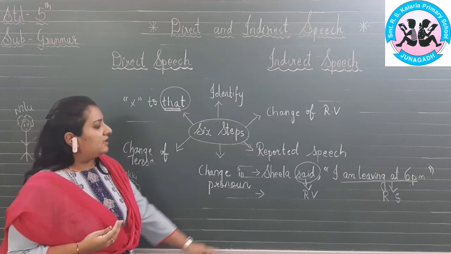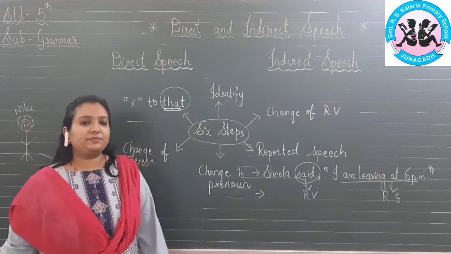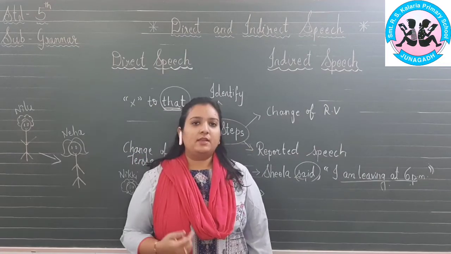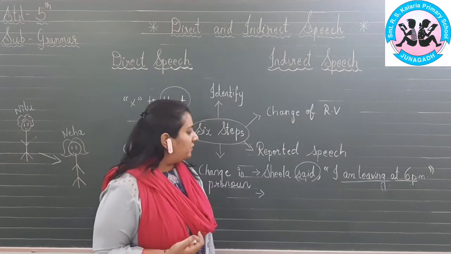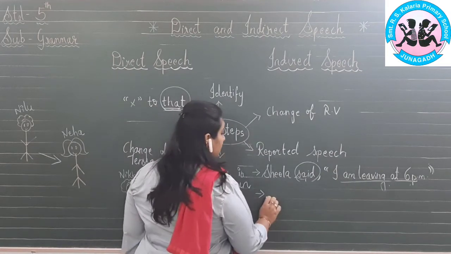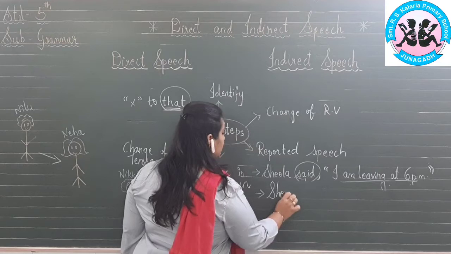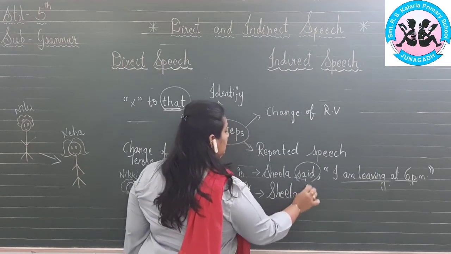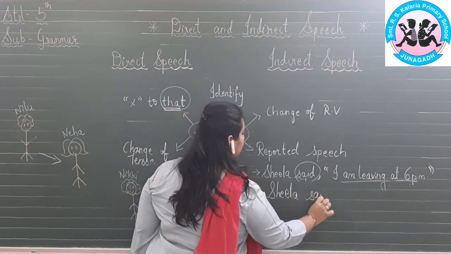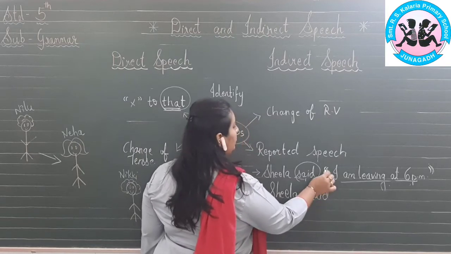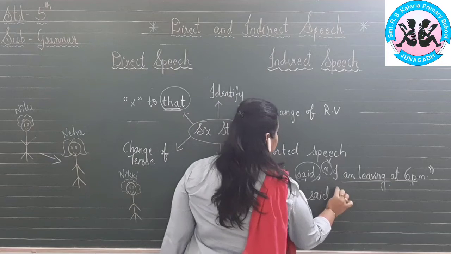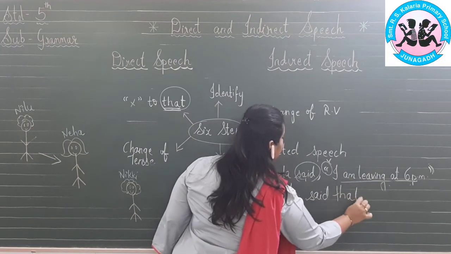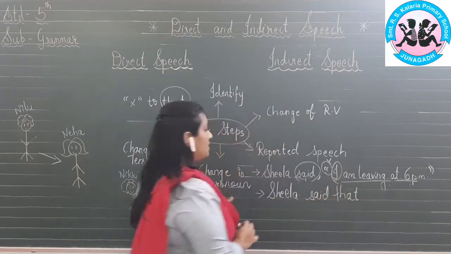Now, if I see the example, we change from direct to indirect speech. How will we change it? First we will write Sheila, the reporting verb: Sheila said. Then what we have to do? We have to cut the inverted commas and add "that": Sheila said that. We have to change the pronoun.